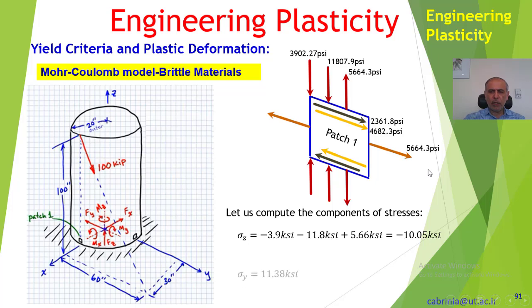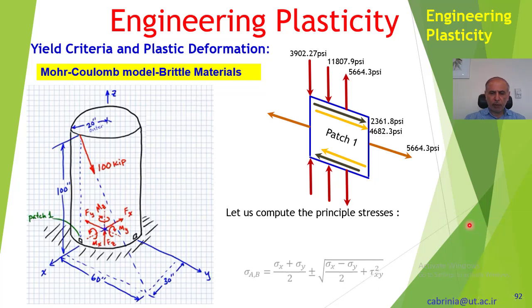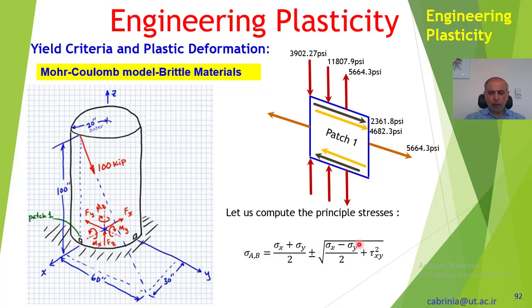In the y direction, we have only this stress, which is 5664.3 psi, and we add up the shear stresses and we get this. Now, the principal stresses on the patch we should obtain from the Mohr circle.